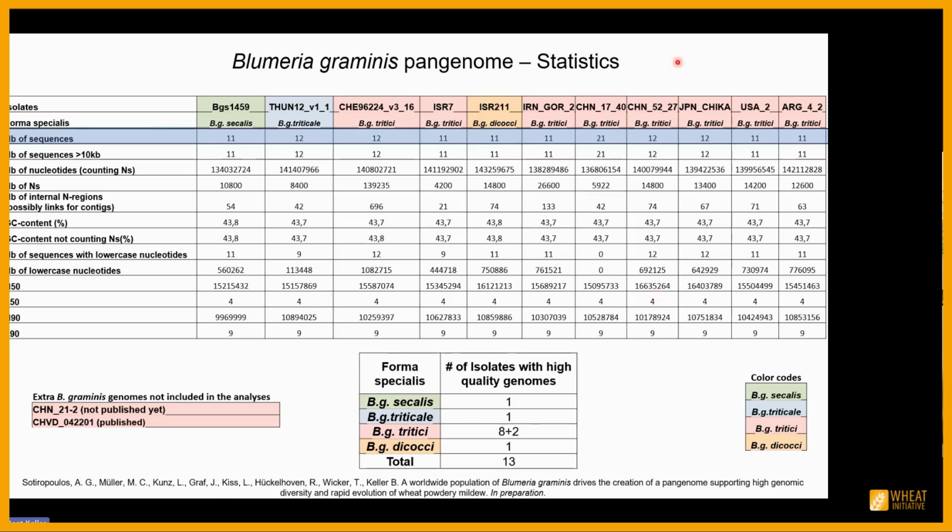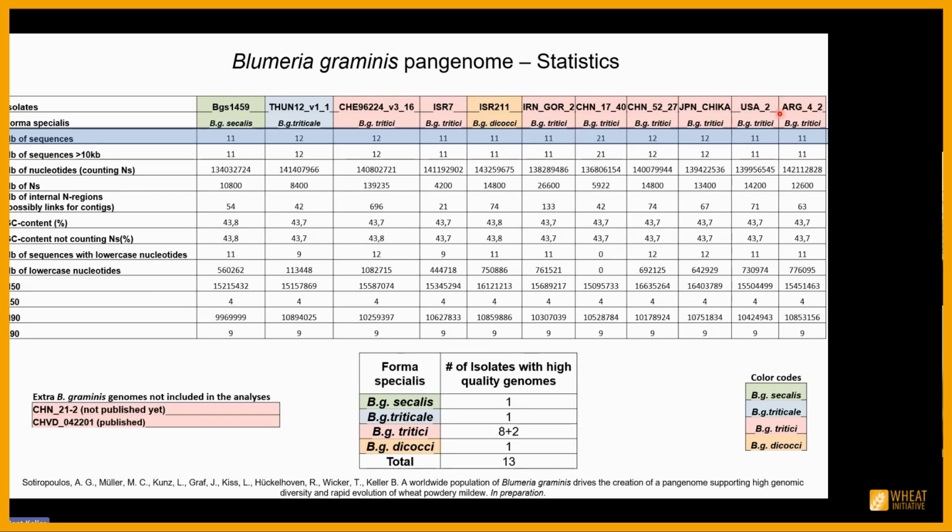Now, this gives some statistics on the pangenome. Here are the isolates that we have sequenced, and you can see this is not only wheat powdery mildew, it's also powdery mildew of triticale and rye. Concerning wheat powdery mildew, which is here in pink, there are isolates from Iran, China, Japan, United States, Argentina.